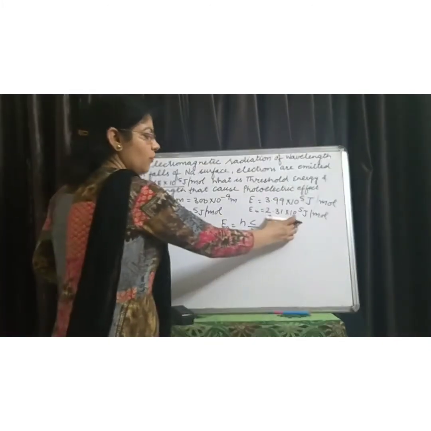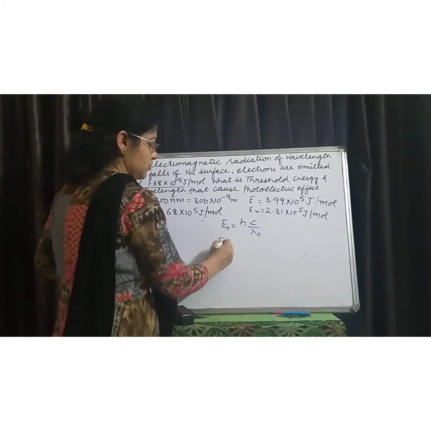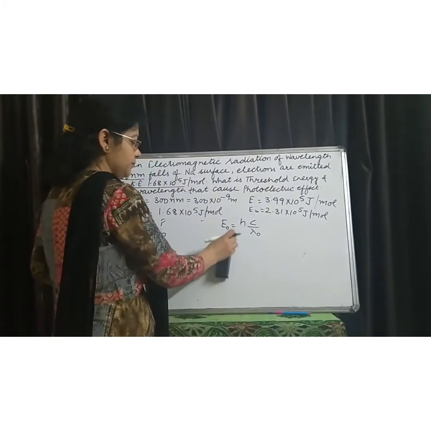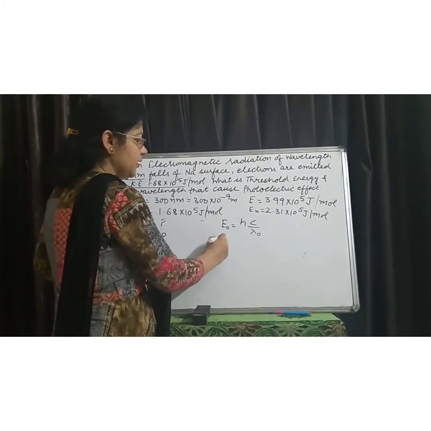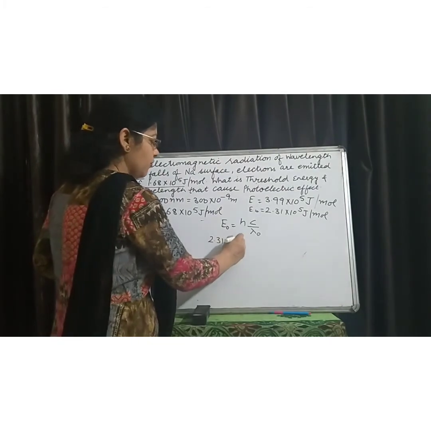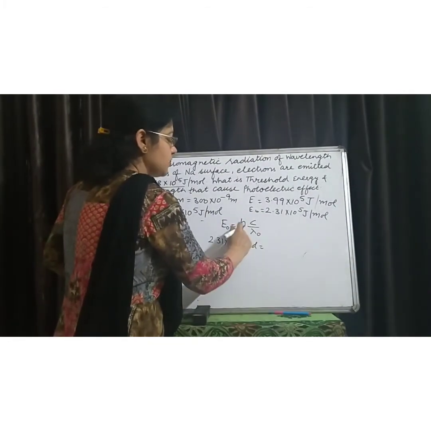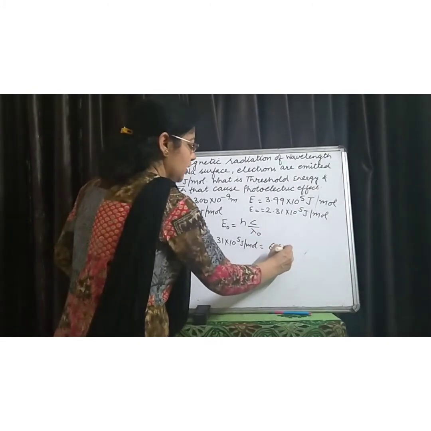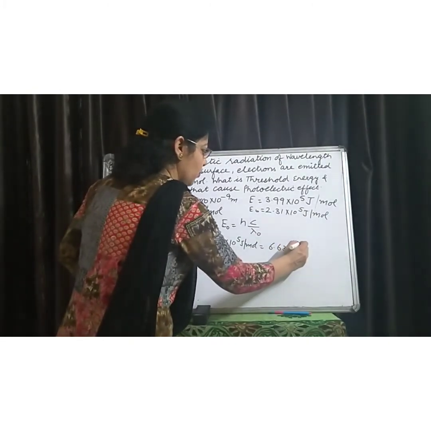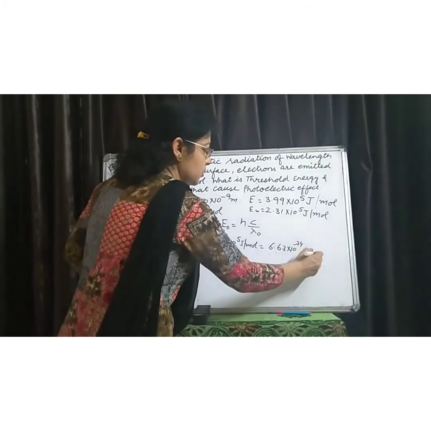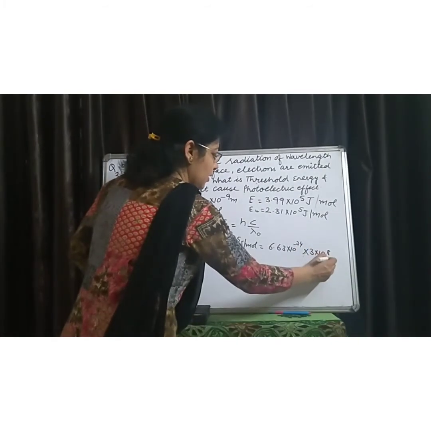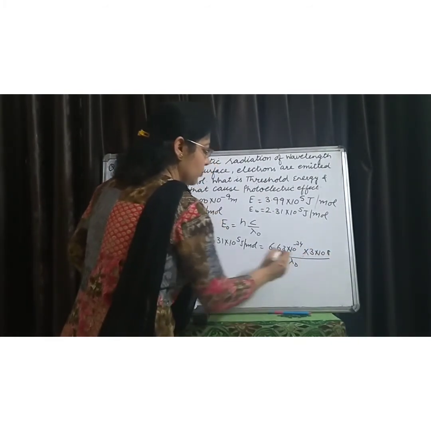We know the value of E naught, that is 2.31 × 10^5 joule per mole. h is constant, that is 6.63 × 10^-34. c is also constant, 3 × 10^8. Lambda naught we have to calculate.